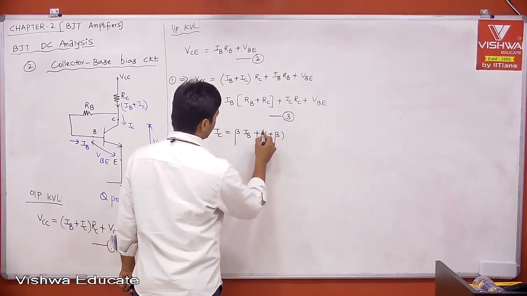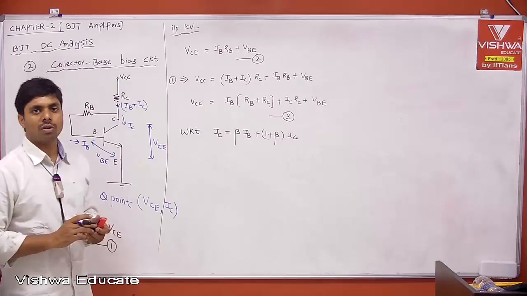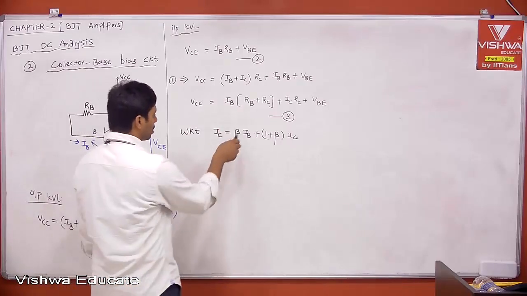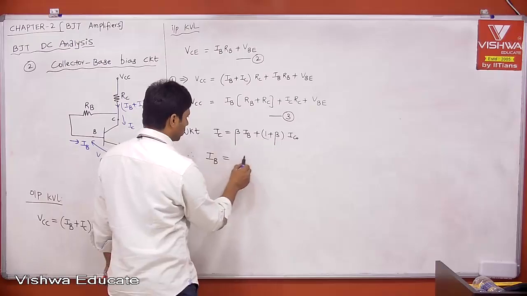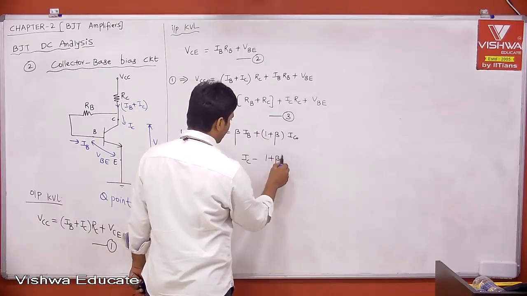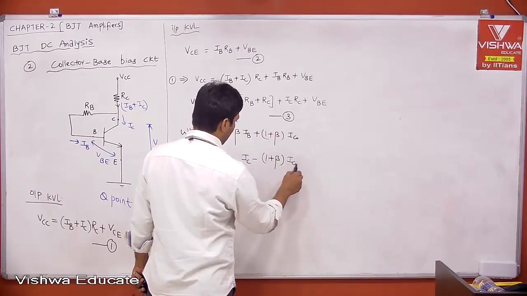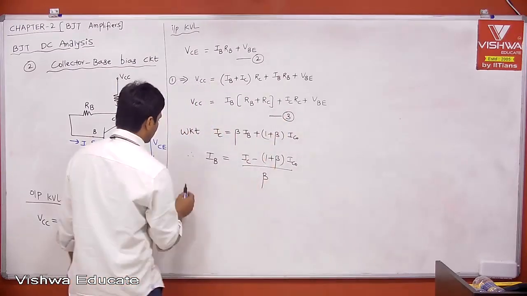I derived this already, right? That's why I derived it, because the majority of the time for DC analysis we always use this equation. Now tell me what is your IB. Therefore, IB is equal to (IC minus (1 plus beta) into IC naught) divided by beta. That you substitute in equation 3.